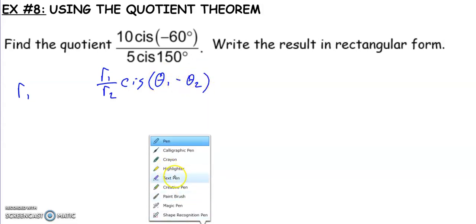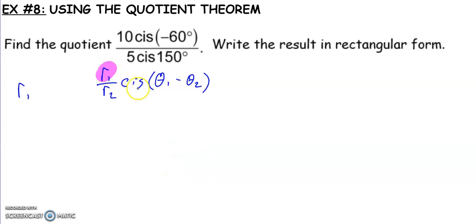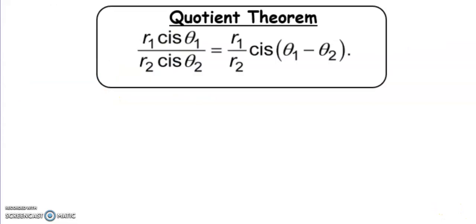And where we find all of those values, R1 is right there on top. R2, boom. Theta 1 and theta 2. Boom. Because if you pay attention, 2's are on the bottom, 1's are on the top.